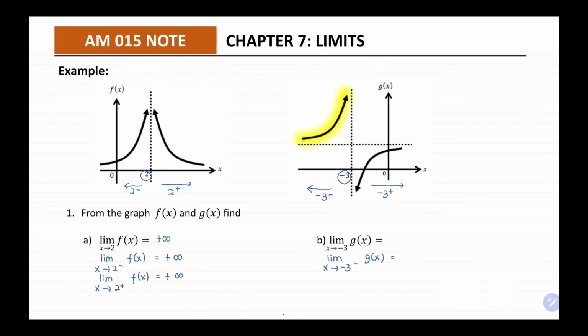At negative 3, the graph goes up, so positive infinity. And limit x approach negative 3 from right of g(x), we can see here the graph goes down. So negative infinity. Since both are not the same value, the limit x approach negative 3 of g(x) does not exist.